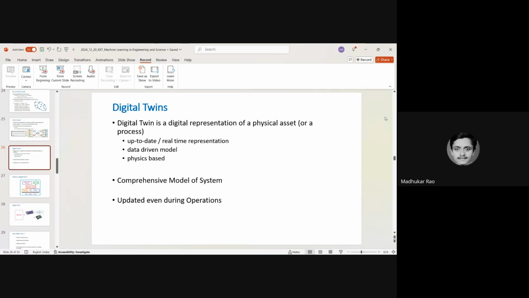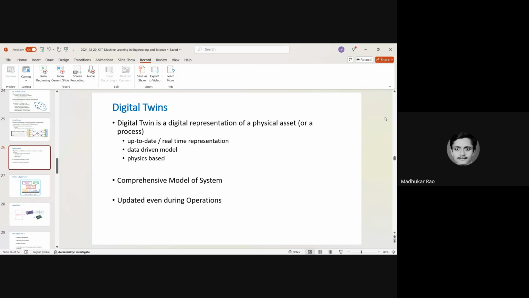For example, let's say your aircraft or your automobile, you can have a digital twin that represents it both geometrically as well as the strength of the materials, how many fatigue cycles it has gone through, and things like that. So it's an up to date and real time representation of your asset.